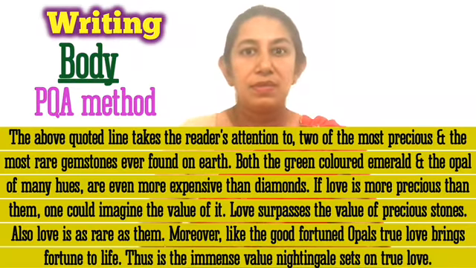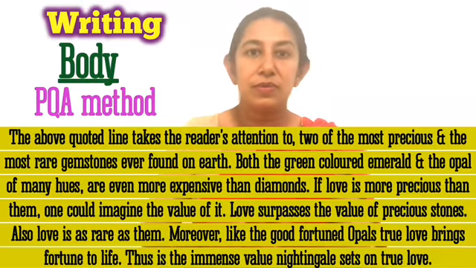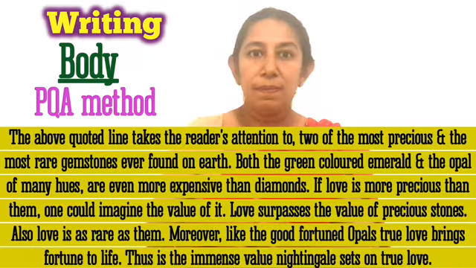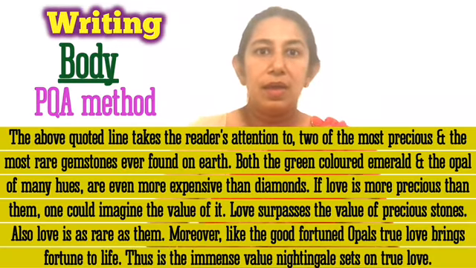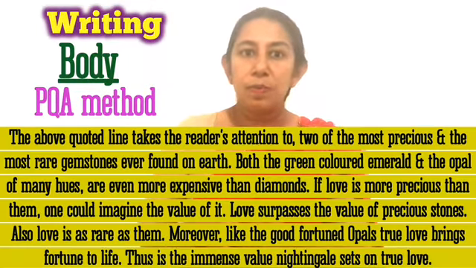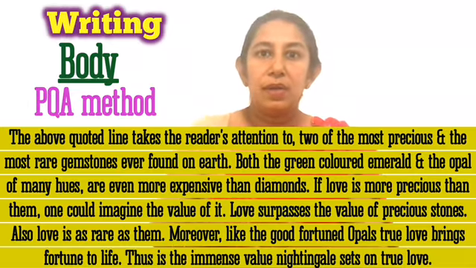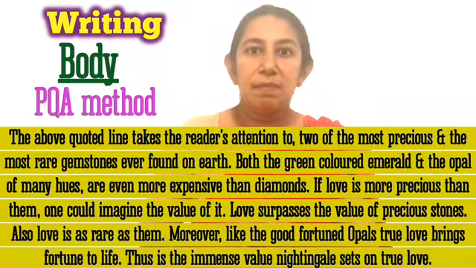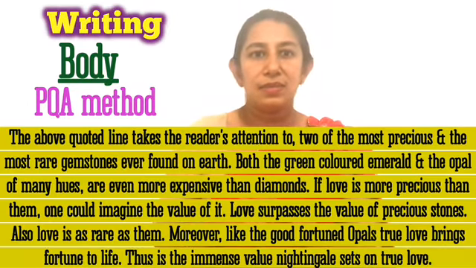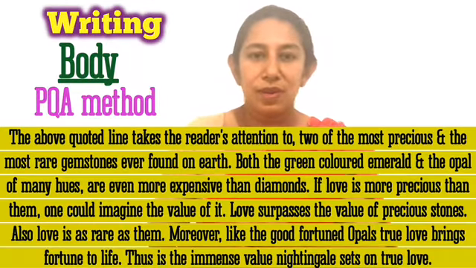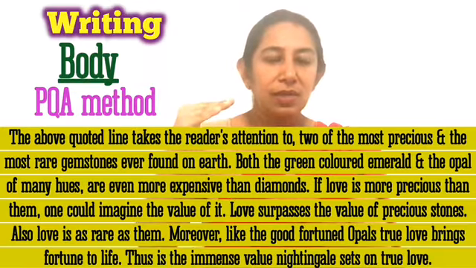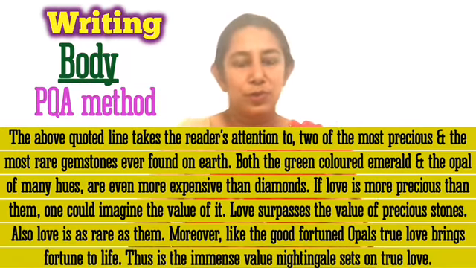Love surpasses the value of precious stones. Also, love is as rare as them. Moreover, like the good-fortuned opals, true love brings fortune to life. Thus is the immense value Nightingale sets on true love. So such type of writing for argument would do.